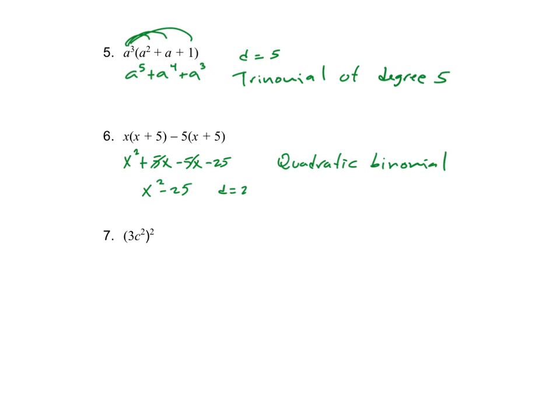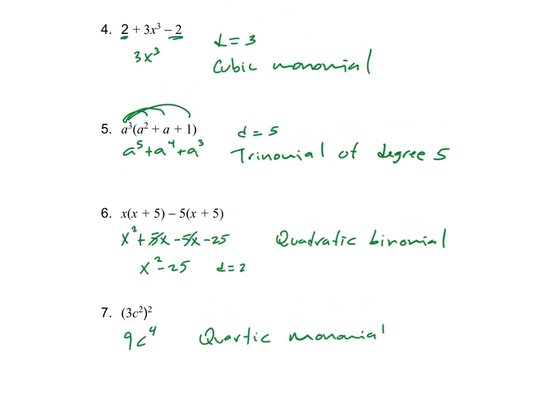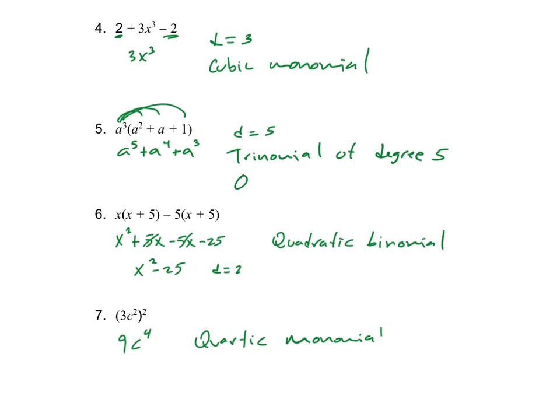Now, at number 7, I have 9c to the 4th. So I have a quartic monomial, right? Now, at number 5, I can also write it as a quintic trinomial.